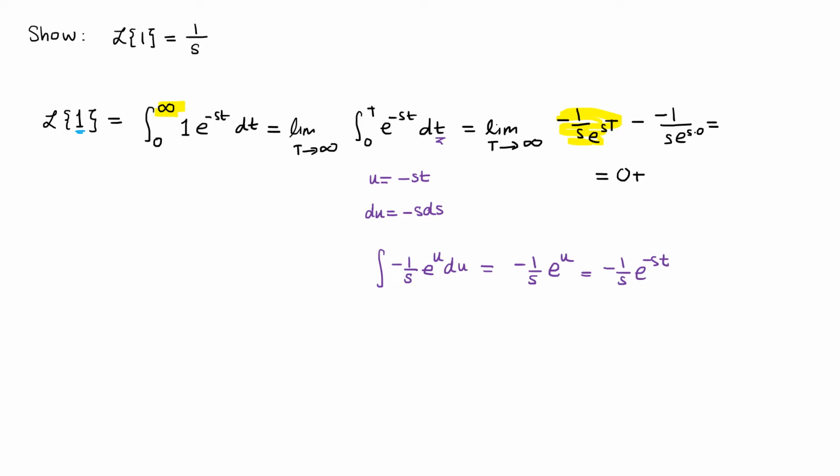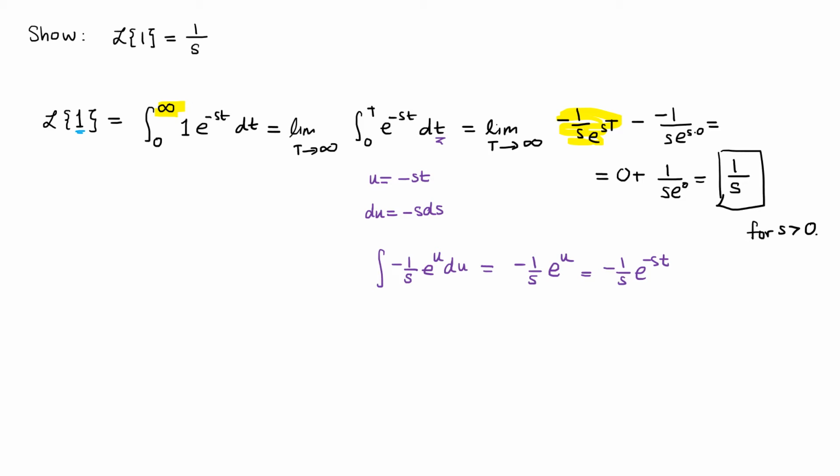And our second term is just 1 over s times e to the 0, or 1 over s times 1, which is our final answer. This is true for s greater than 0.